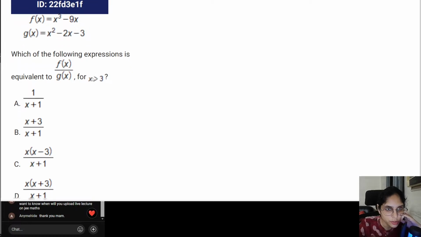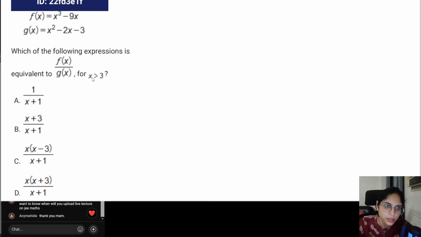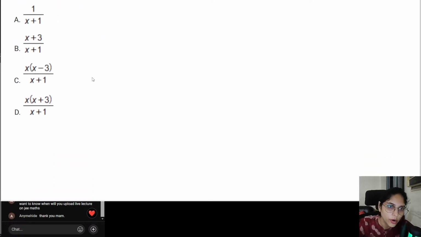F of x over g of x. So for this, I've told you, you have to factorize the numerator, you have to factorize the denominator. Or you can use Desmos as well. That's also the option.